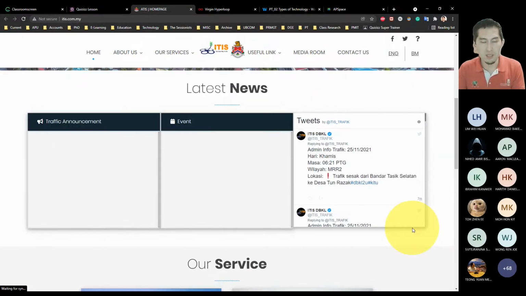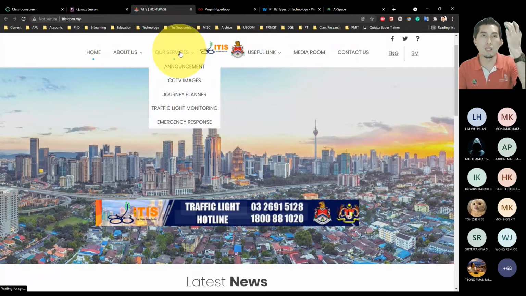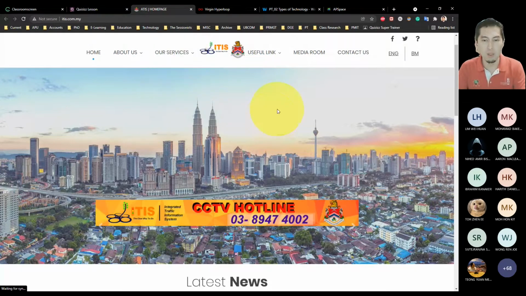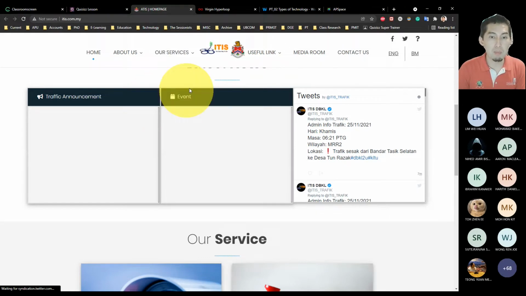Most of their technologies under ITIS within this particular city of Kuala Lumpur are concentrated on a few things. CCTV images. A lot of the CCTVs you notice now on the roads around Kuala Lumpur are actually handled by ITIS. Journey planners as well.